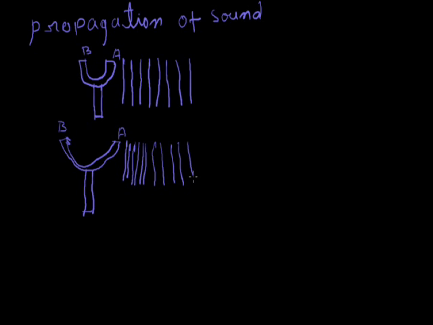Okay, so you can understand what is happening. If these prongs are stretched, then the nearby air is compressed, and when they come again to the normal position, the mean position, this disturbance moves forward.